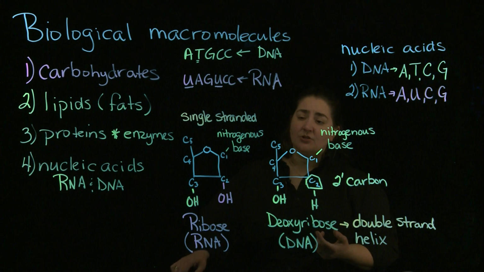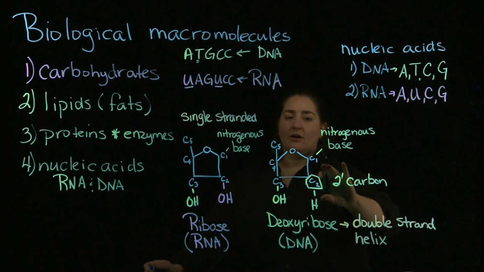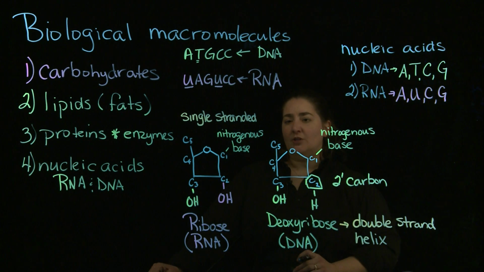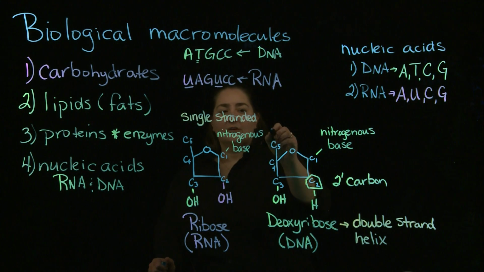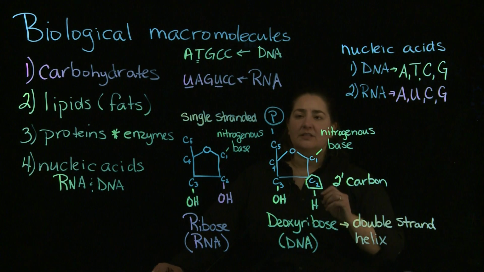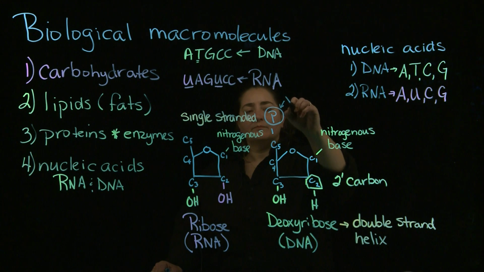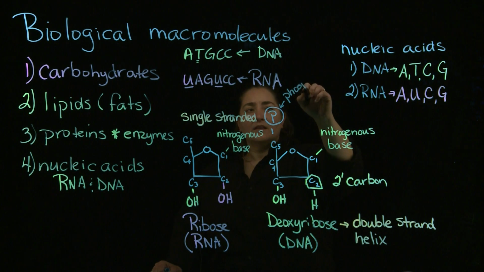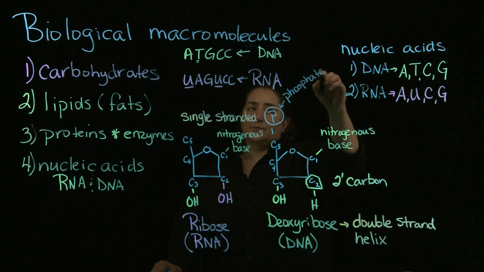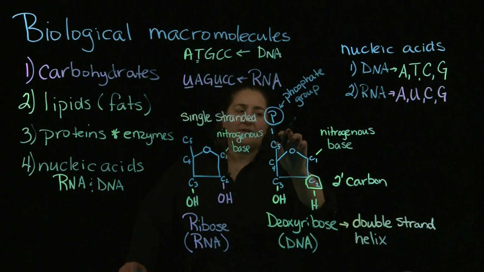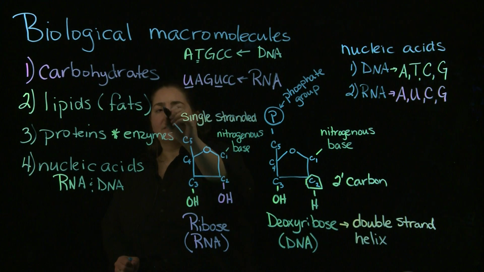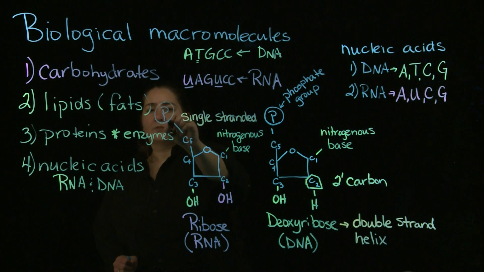There's one more structure that I have left off of the DNA and the RNA molecule that I'm going to draw in now. That last structure associated with a nucleotide is going to be a phosphate group. You're going to have a phosphate group associated with DNA. We'll draw it over here because I'm running out of room.